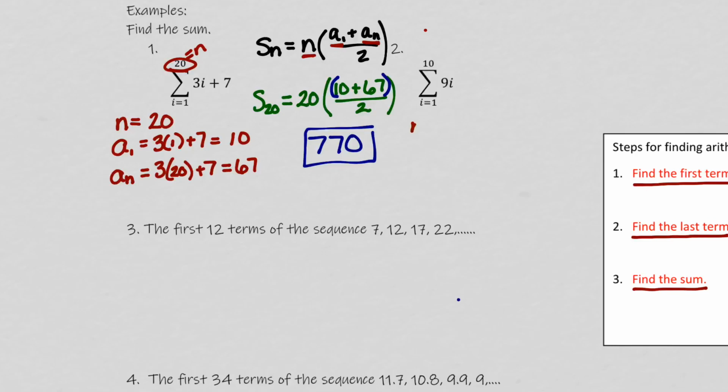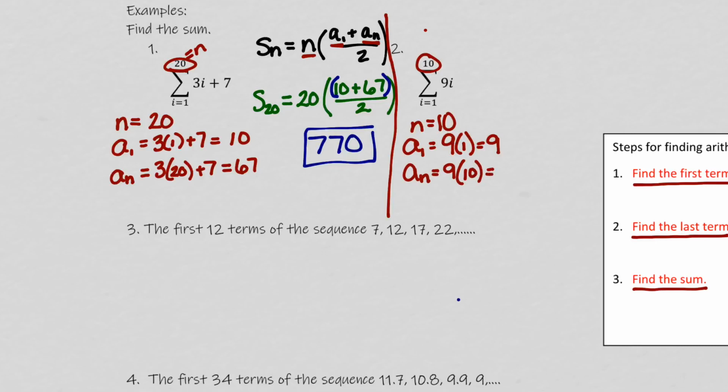All right, so for number 2, we need the same pieces. We need n. Here, I'm going to draw a little line to divide that here. n, which is the number of terms, which is the 10 on top. We need that first term, so I'm going to plug in 1 for i. I get 9. And I need the last term, so I'm plugging in 10 for i. And that's 90. Okay?